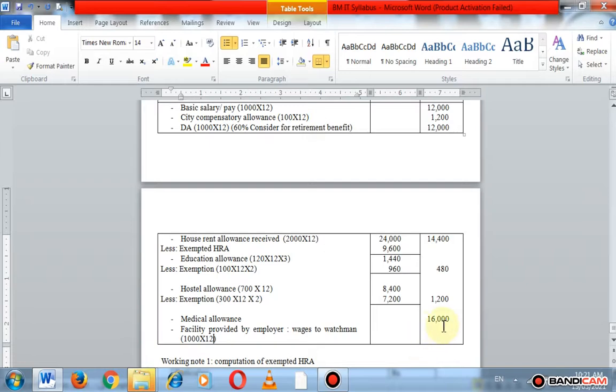So the salary paid to the watchman by the employer is rupees 12,000.